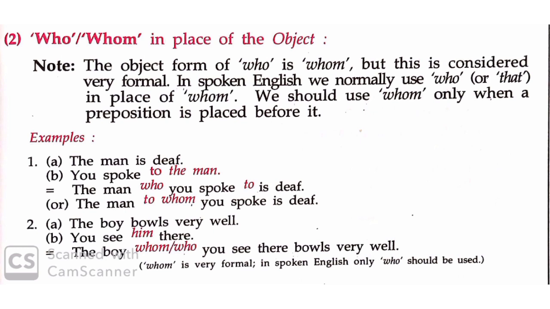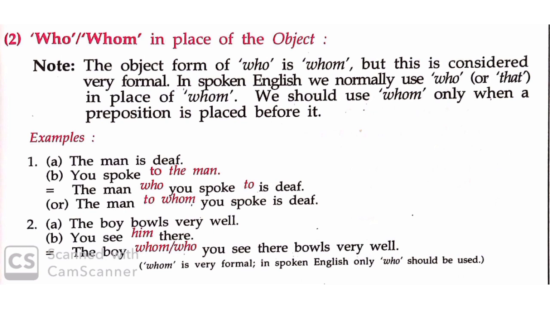Let us see the examples here. The man is deaf. You spoke to the man. The man who you spoke to is deaf. In the other case: the man to whom you spoke is deaf. You can see the difference. In the first sentence, who and to are written separately, but in the other sentence, to whom is together. The preposition comes before whom.